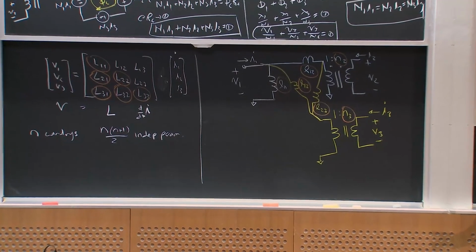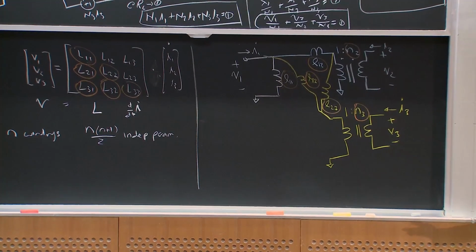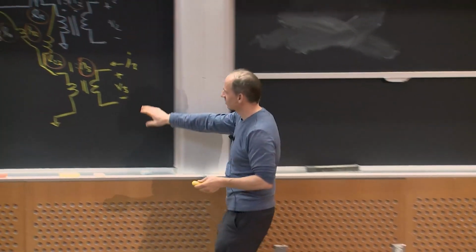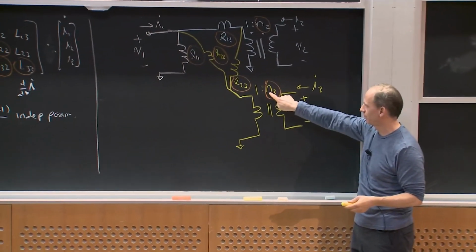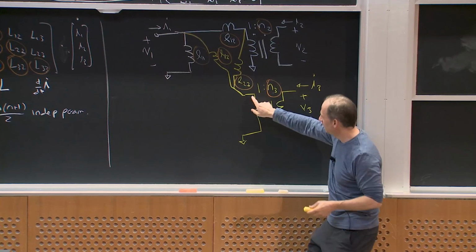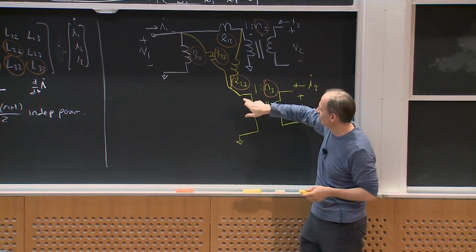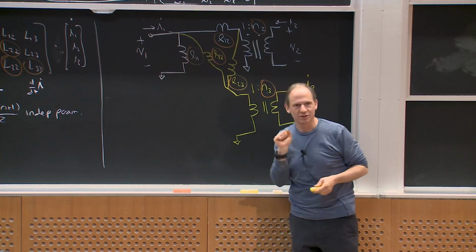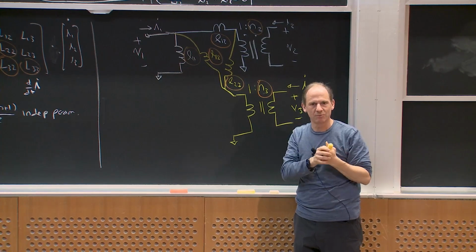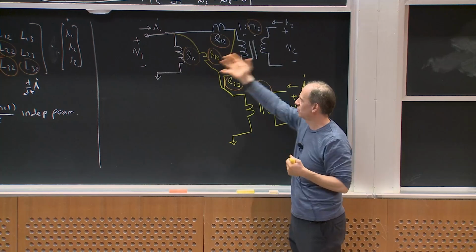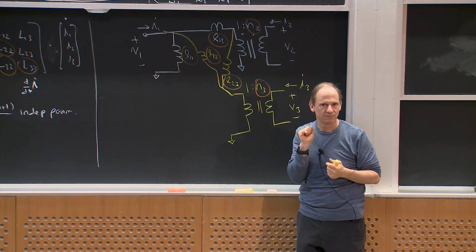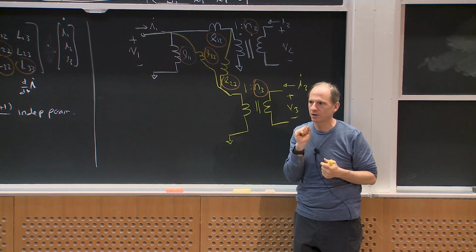Every time I want to add a new port, I add in 1 transformer with some transformation ratio, and then a leakage, quote unquote leakage, to each other internal node in the circuit. And I can expand out, and I'll always have exactly the right number of parameters to match the n by n inductance matrix. Does that make sense to everybody?